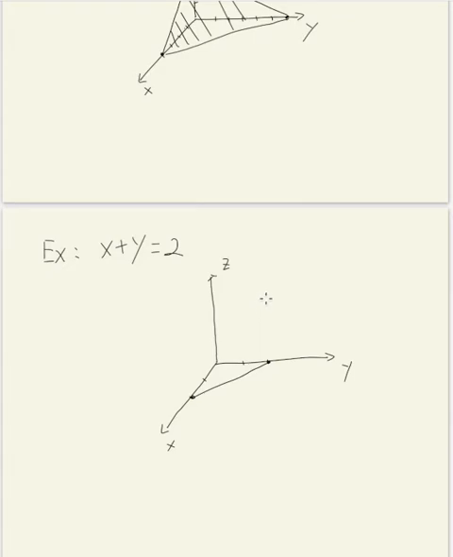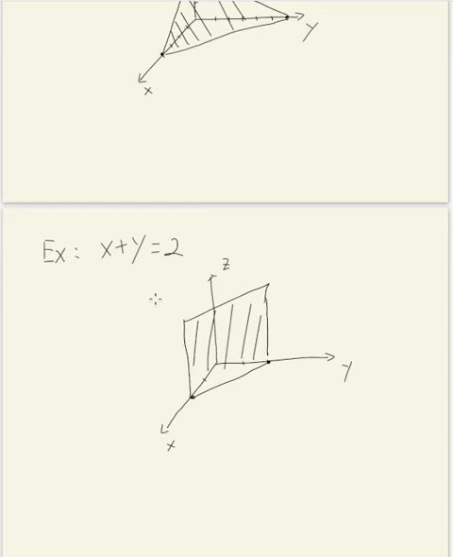So we draw a parallelogram that is parallel to the z-axis. Right? So we have this. We have the plane that's described by x plus y equals 2.